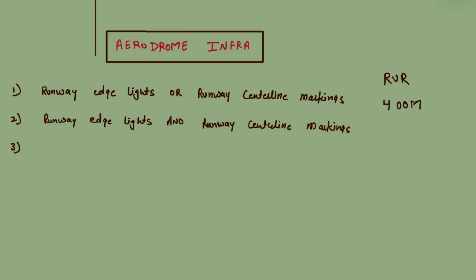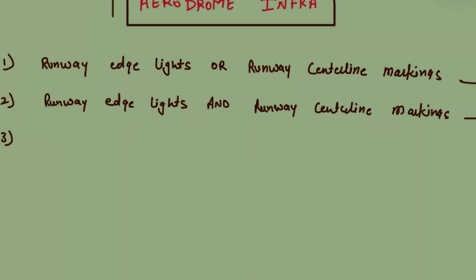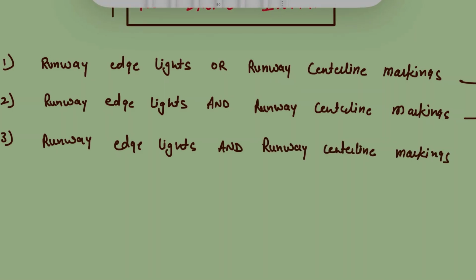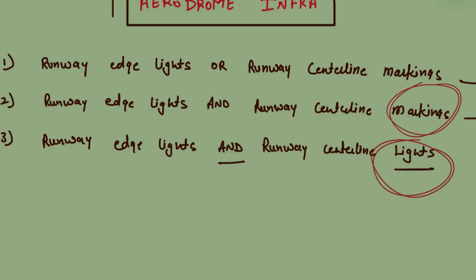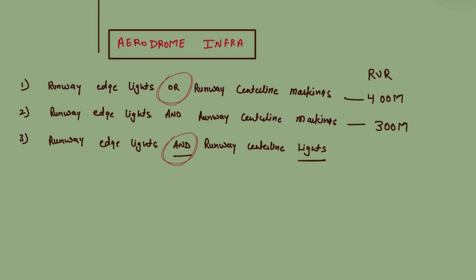Further, let's suppose your aerodrome is much more advanced, like you have runway edge lights and runway centerline lights. Then you can take off with 200 meter of RVR. Please pay attention to the lights or markings and the words "and" or "or". This is very important.